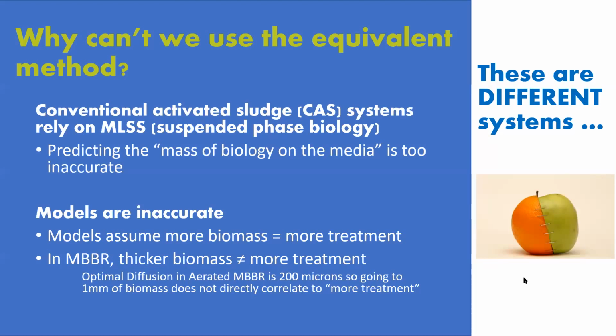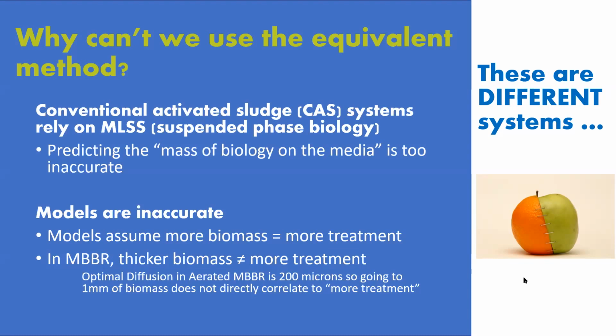If you recall, the optimal diffusion is only 200 microns on a biofilm carrier. So if we increase our biology to 1 micron on that biofilm carrier, we're not going to achieve any more treatment. This tends to be an issue, like I said, with models that assume that more biomass means more treatment, which is not the case in an MBBR system.